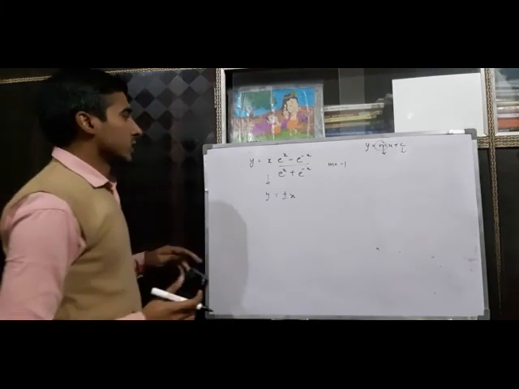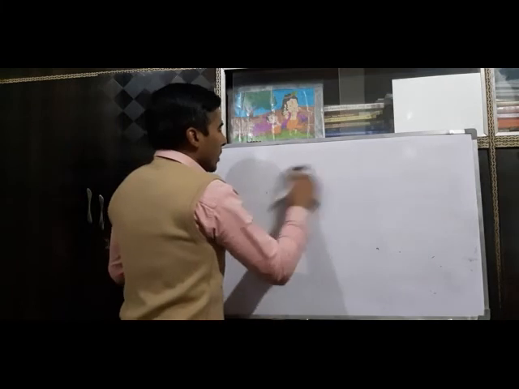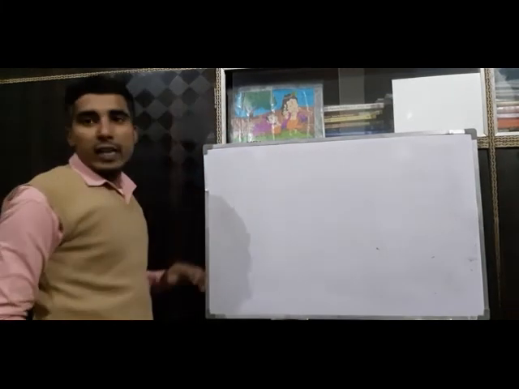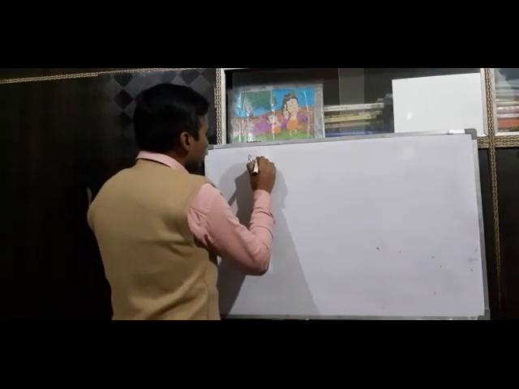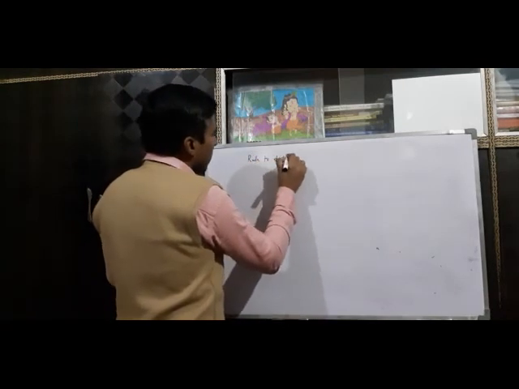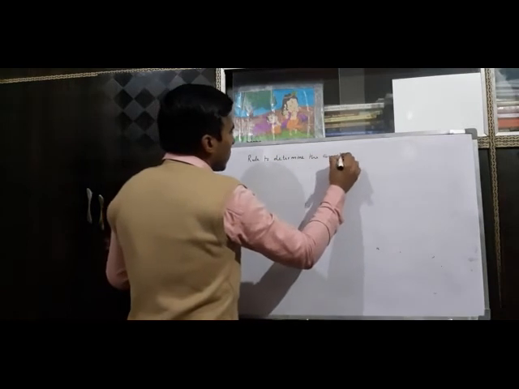Now we discuss another technique to find the oblique asymptotes for an algebraic curve. So there are some rules to determine the asymptotes of algebraic curve.